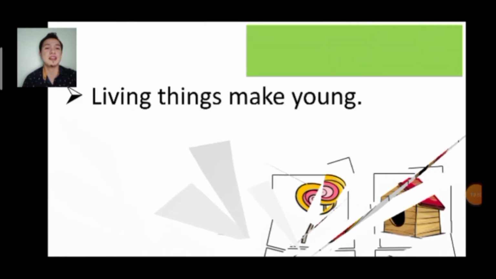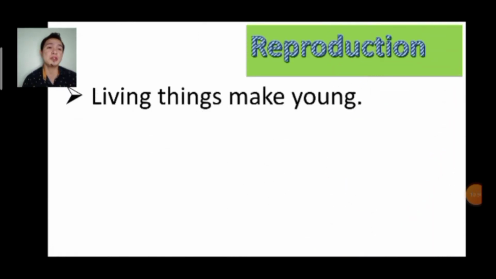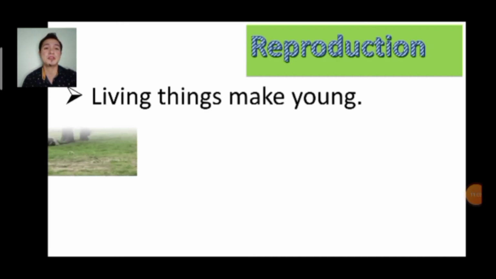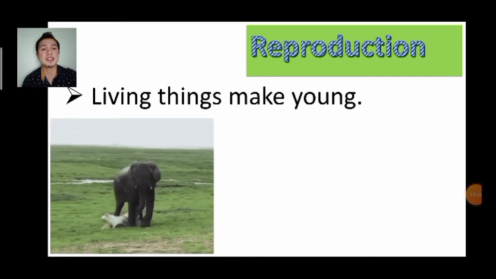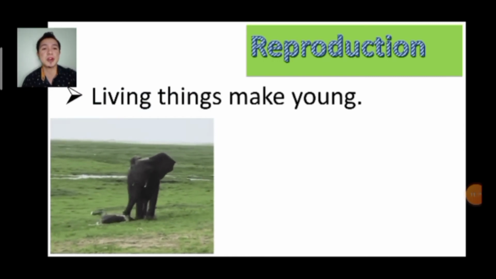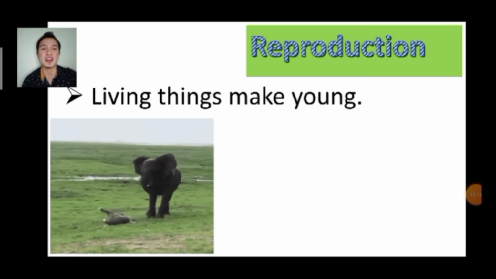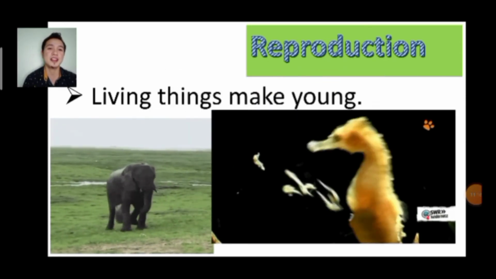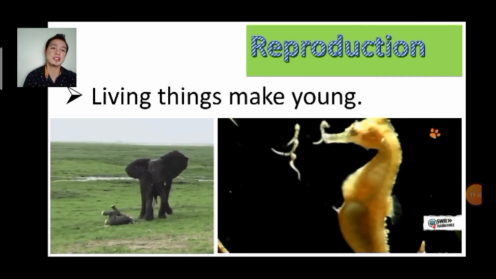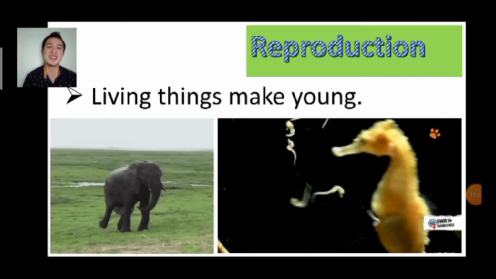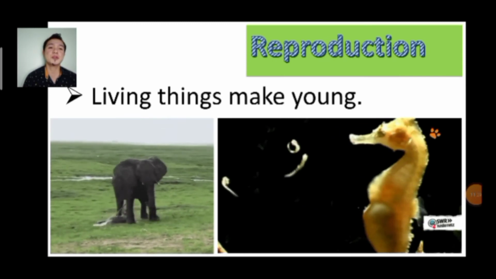Another thing, when we talk about reproduction, living things make young. Example, I will show you so that you can understand. The elephant is giving birth to its young. And another example, the seahorse is giving birth to its young. So that is called reproduction.